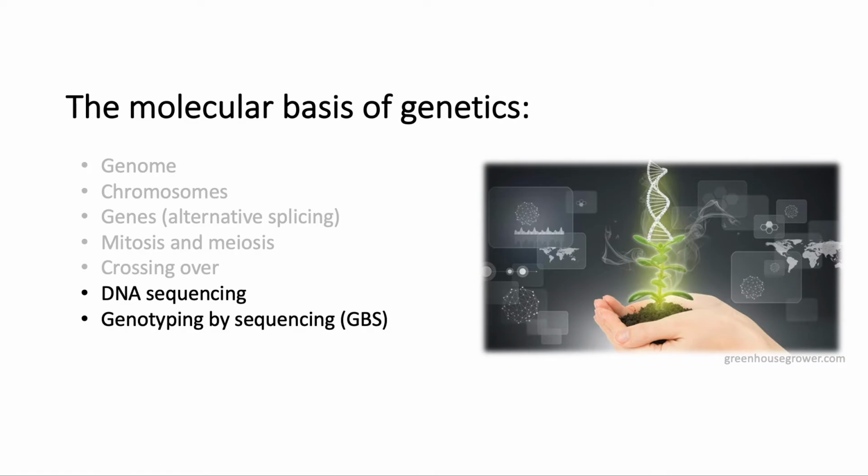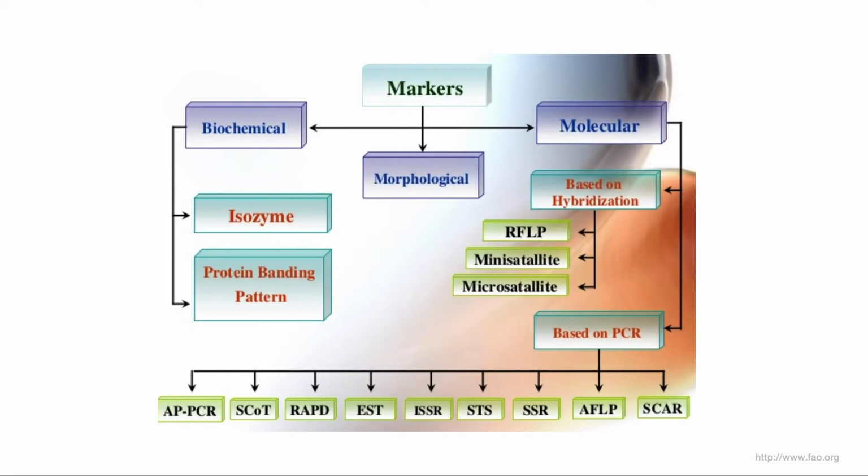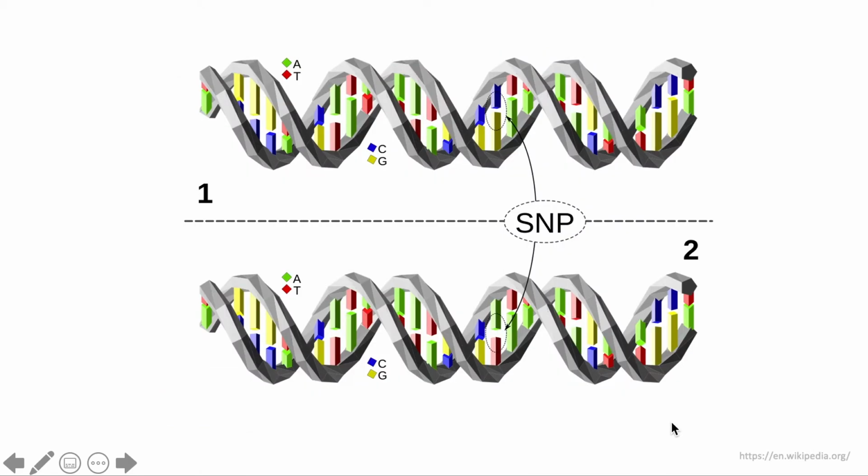Before starting to talk about DNA sequencing, I just want to mention that there are a lot of molecular markers that we can use in plant breeding, but all these markers are really laborious in the lab, and that is why nowadays it's pretty common to use SNPs, because it's pretty fast to identify them. SNPs are really abundant in the genome.